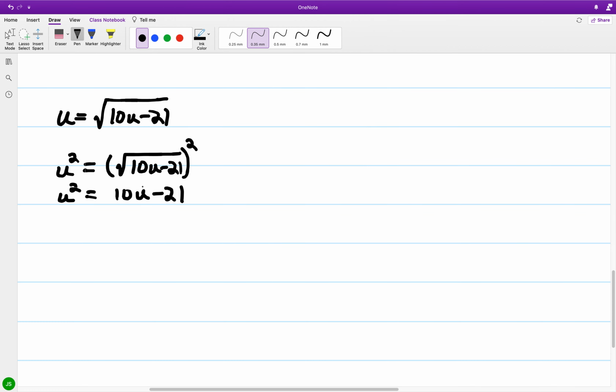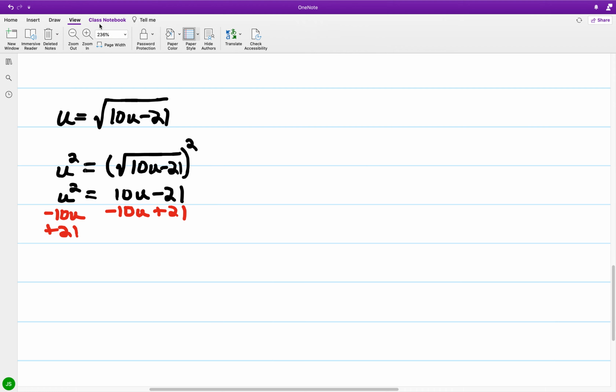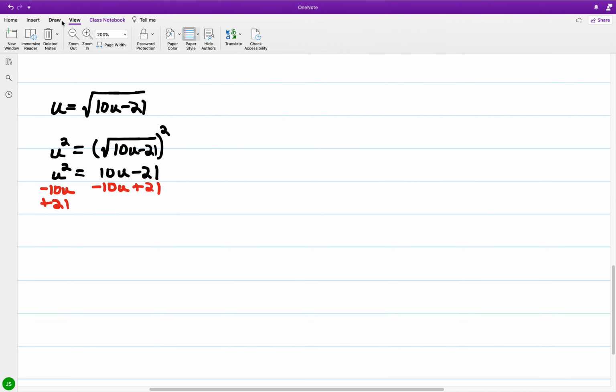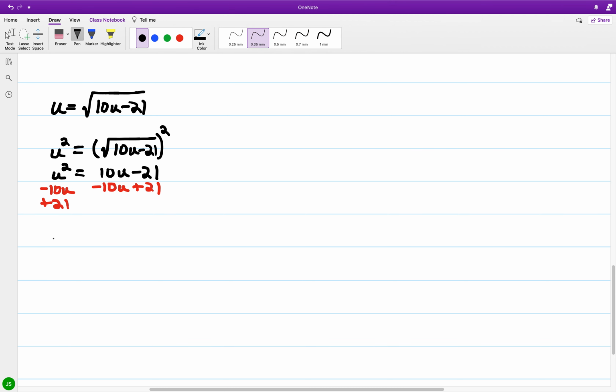Here we have a quadratic equation, and putting this in standard form, setting the quadratic equal to 0, we rewrite: u squared minus 10u plus 21 is equal to 0.